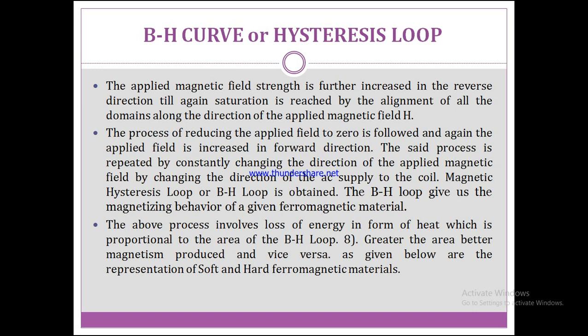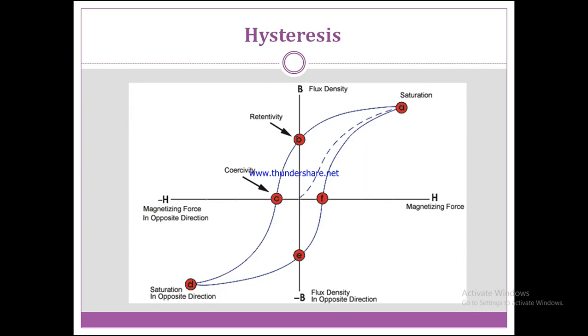The greater the area, the better the magnetism produced, and vice versa. As given below, there are representations of soft iron and hard ferromagnetic materials. Again, we have repeated this part because it has more importance in this concept.